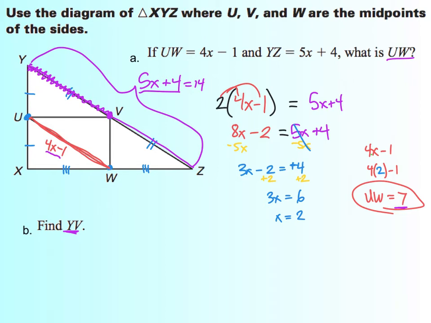And if V is the midpoint, that cuts it in half, then YV is also equal to 7. So in a midsegment, when this midsegment was 7, that meant this segment was 7, and this segment was 7.